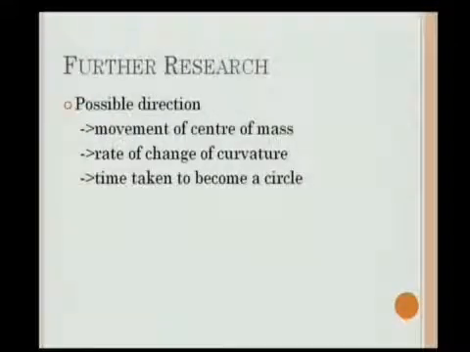In fact, we could further study our problem in 3 ways. First, the movement of the center of mass of the curve. Second, the rate of change of the curvature. Third, the time taken for the curve to deform to a circle. For the rate of change of the curvature, we find that it is such a function.